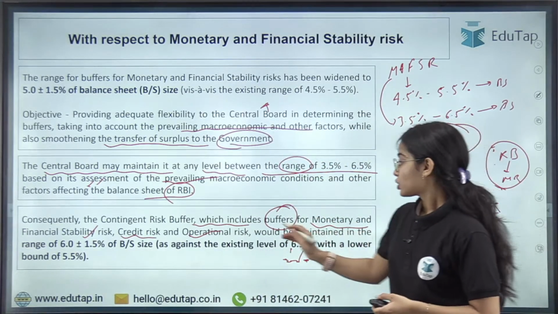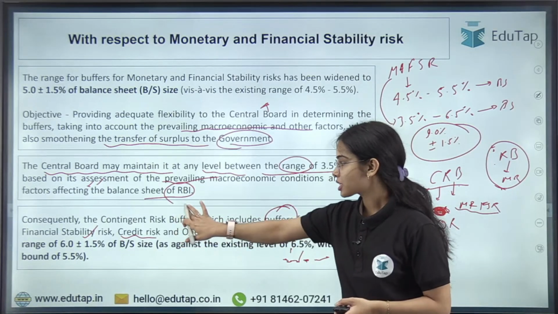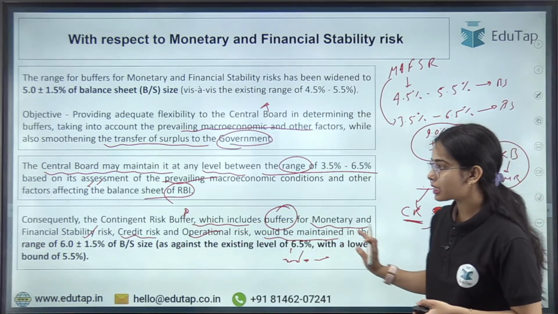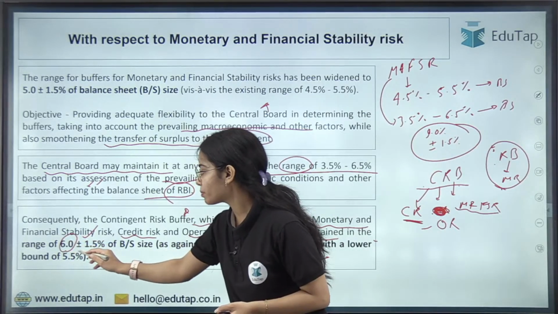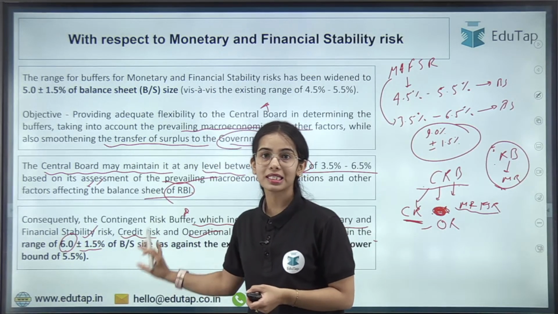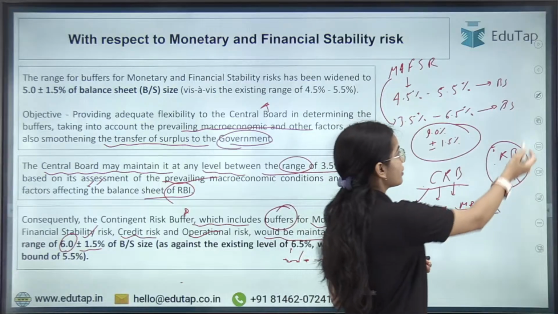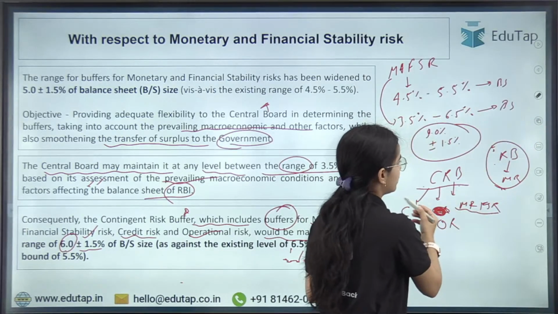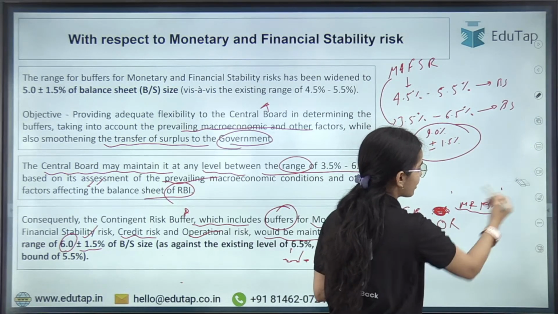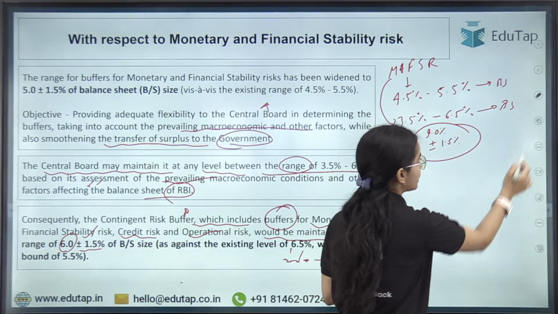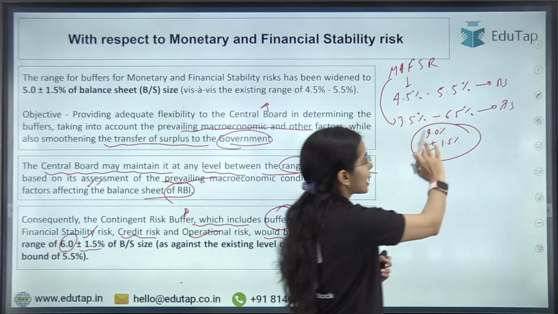So the contingent risk buffer would be maintained in the range of 6.0% plus minus 1.5%, because, as you can see, for the monetary and financial stability risk the buffer range has been changed.